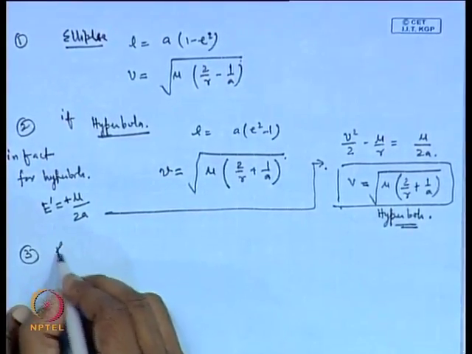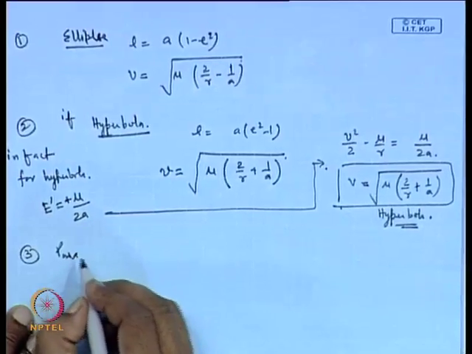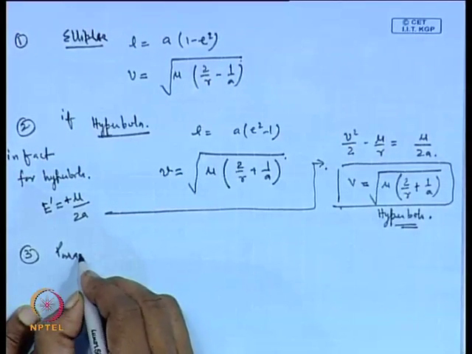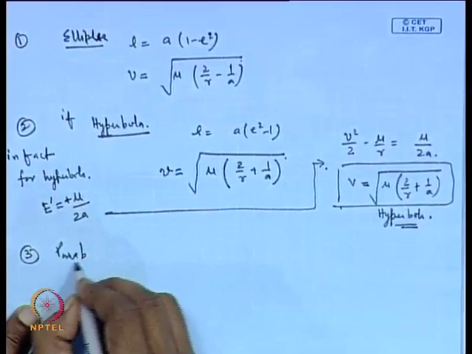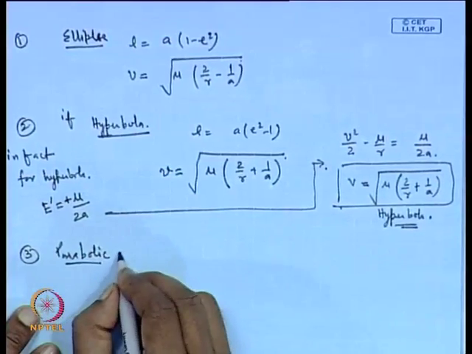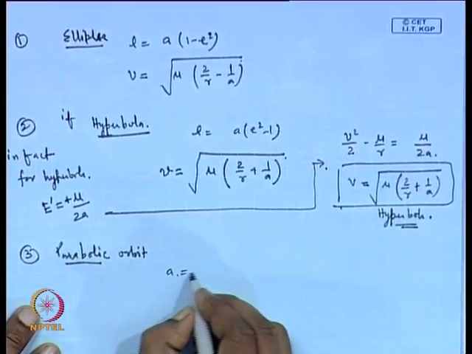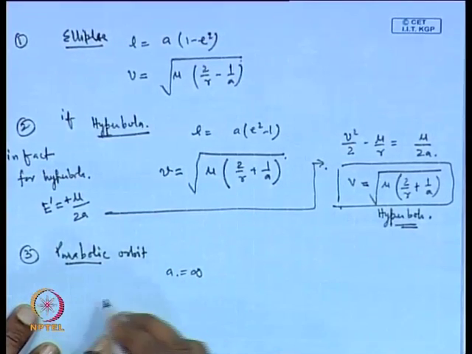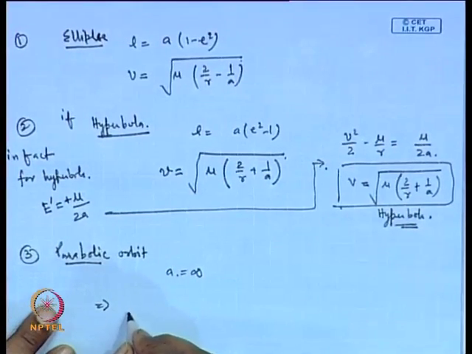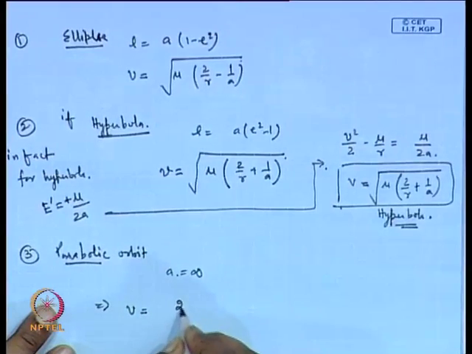If we have parabola, if the satellite or the particle is moving in the parabolic orbit, for the parabolic orbit a is equal to infinity. Therefore, this simply implies that V is equal to root of 2 mu by r.